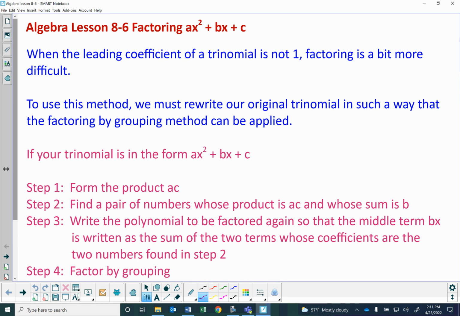We still want a sum of b, and then we're going to rewrite our polynomial to be factored again so that the middle term, bx, is written as the sum of the two terms whose coefficients are found in step 2. And then you're going to factor by grouping. Now this may be really confusing until I go through a couple of examples, and then it will make a lot of sense.